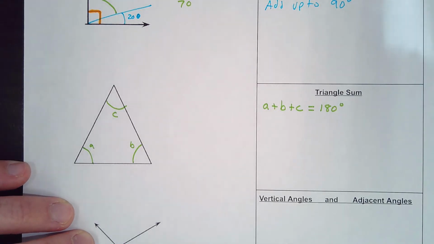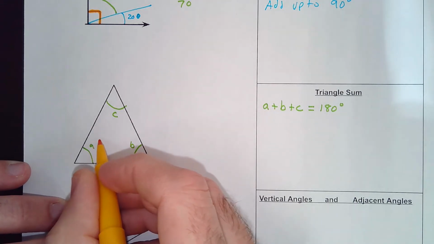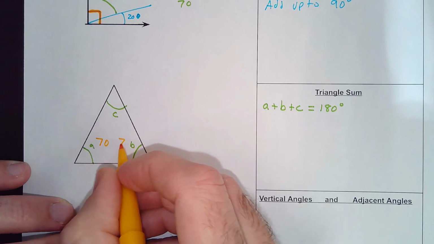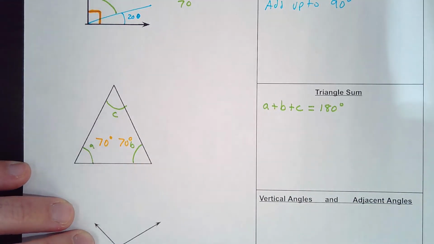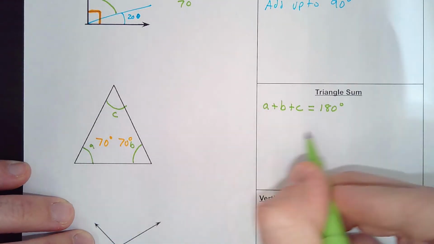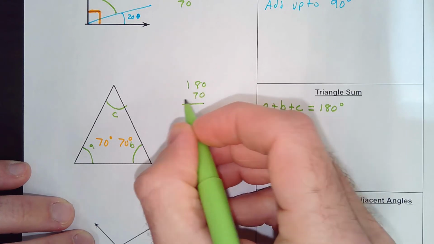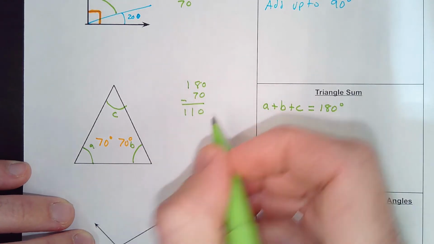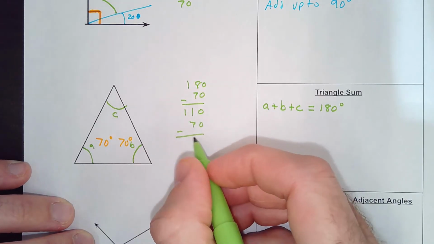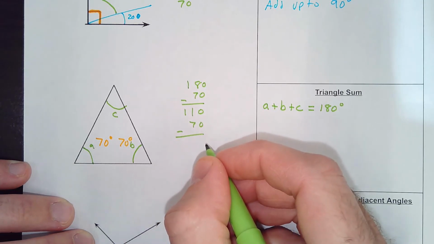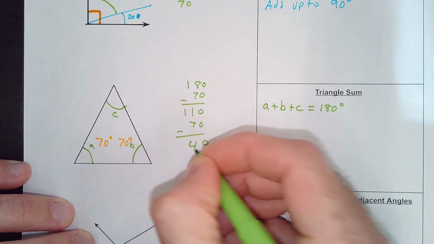So an example of how we could use this, let's say this is 70 degrees, this one's also 70 degrees. So if these two are 70, what is C? Well, if 180 is the whole thing, 180 minus this 70 minus this 70 gives us 40.